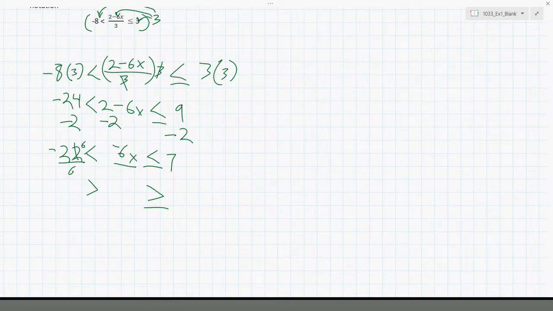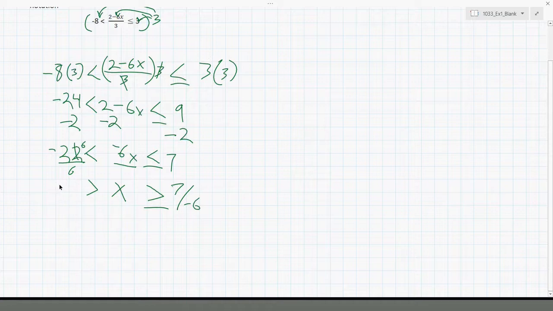So we have 26 over 6, and that side over there is 7 over 6. Okay, so it's still 7 over 6. So we've got the 7 divided by negative 6 over here. We've got an x in the center.